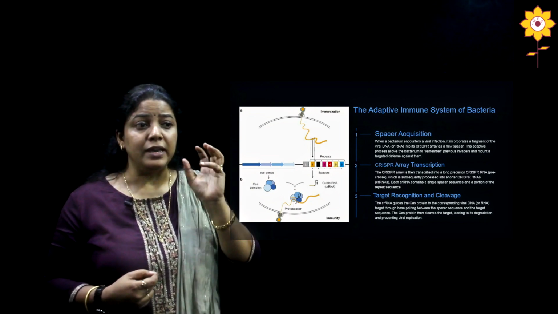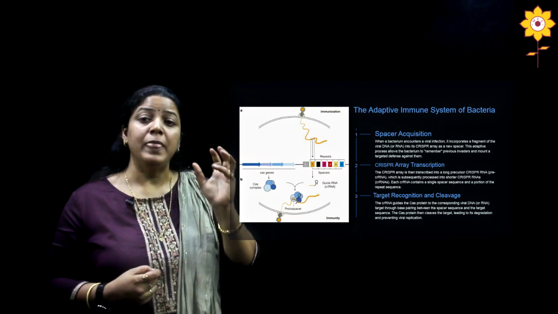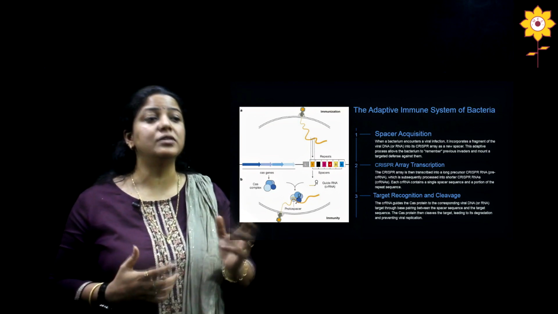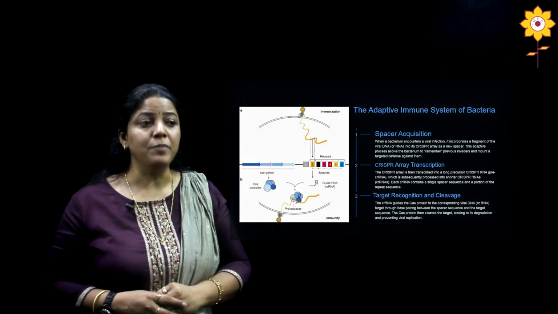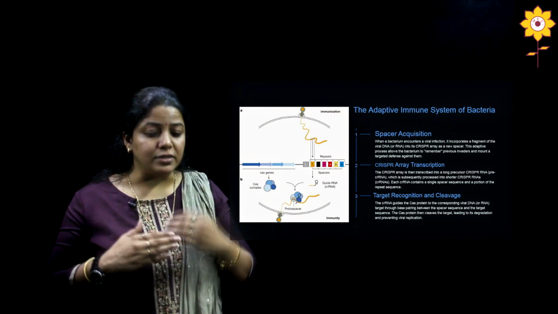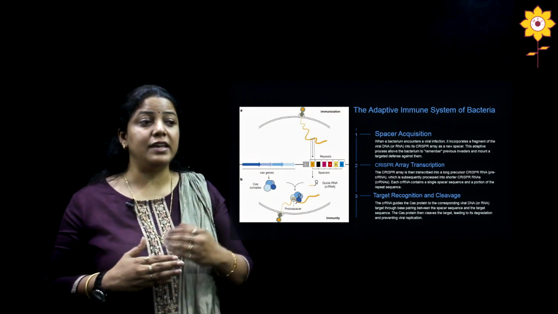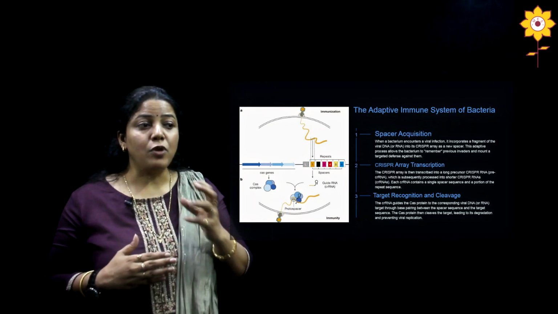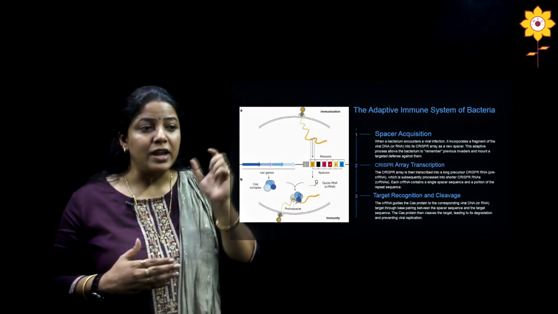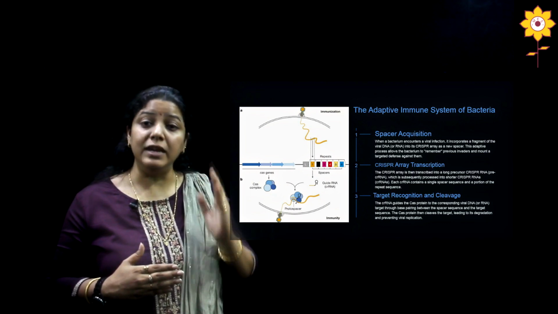That is the Cas protein, the gene of which is also situated very close to this CRISPR array. So together, this CRISPR RNA will guide the Cas protein to the corresponding viral DNA, whatever target is there. So that target is going to be cleaved.